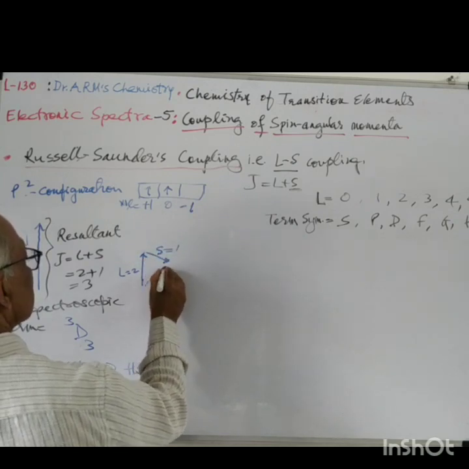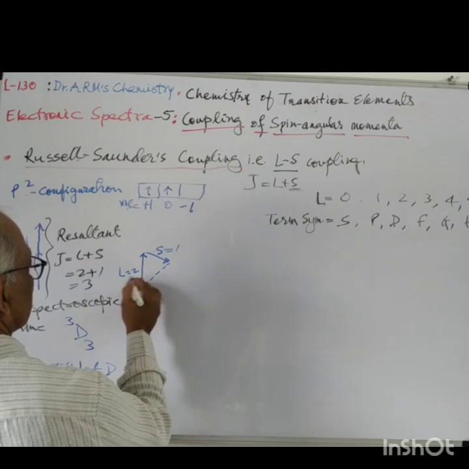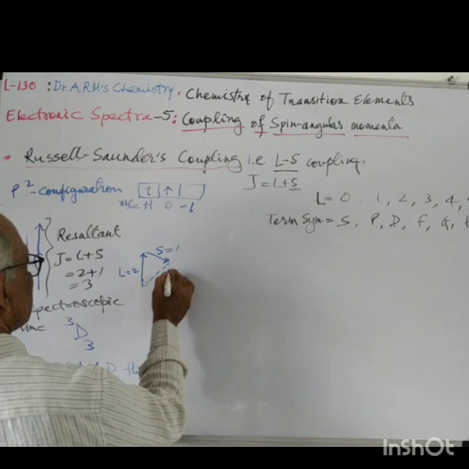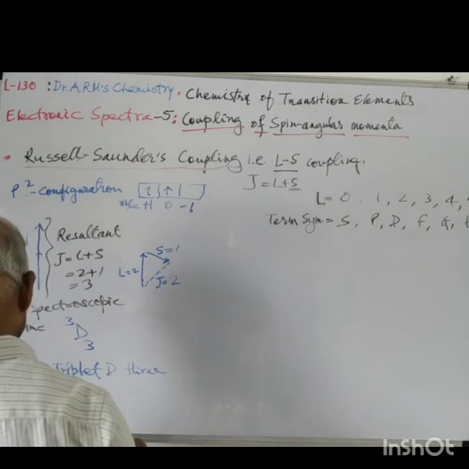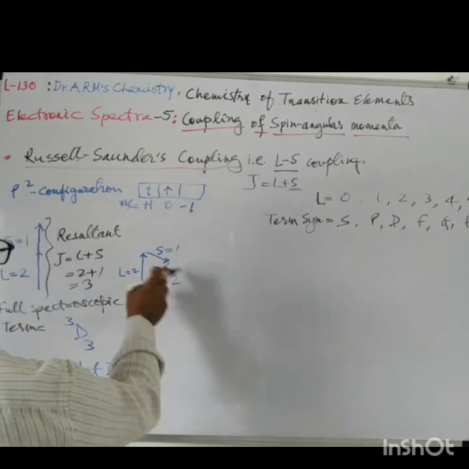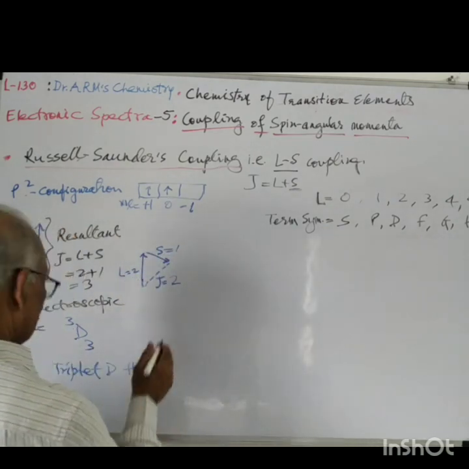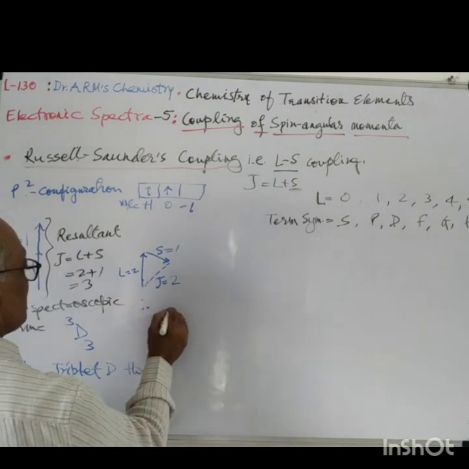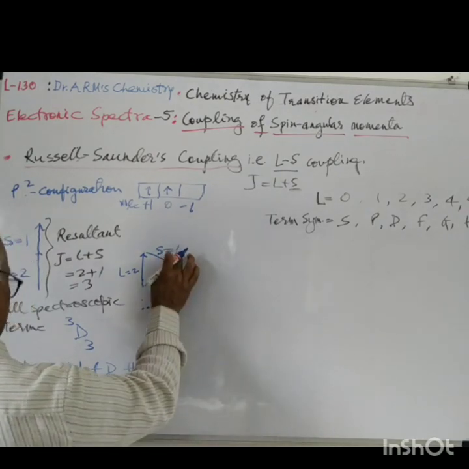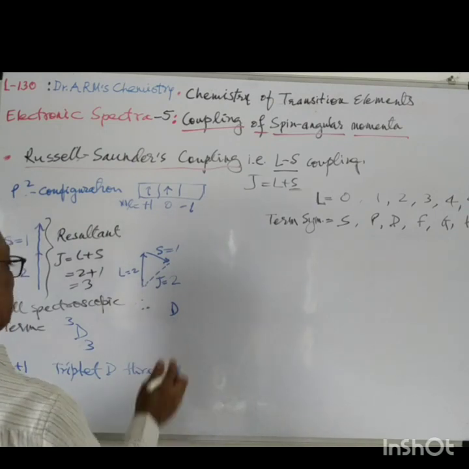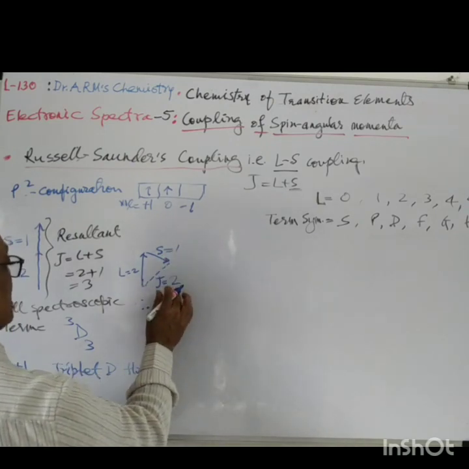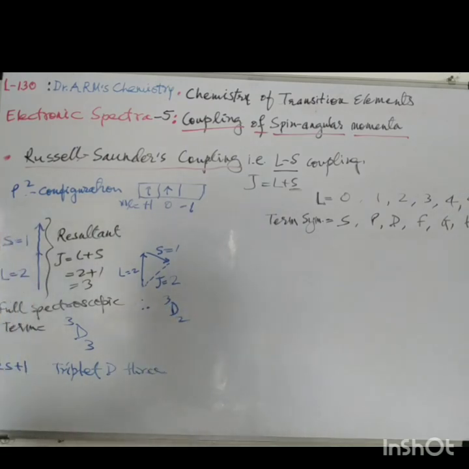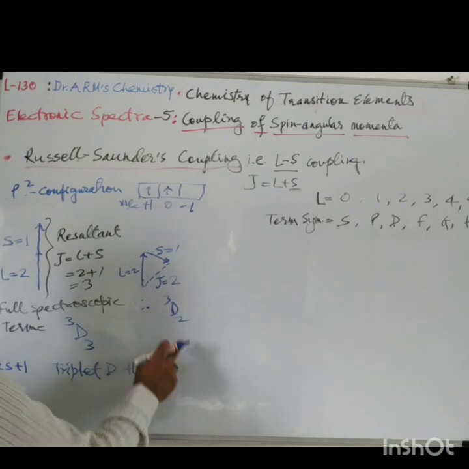Then the resultant of this vector addition, that is J, is equal to 2, because this is not taken here. So therefore, for this the spectroscopic term is D with the spin state same, S is equal to 1, so 3, and here J is 2. So it is represented as triplet D2.